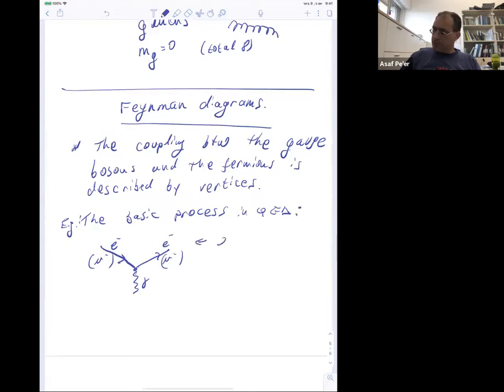So I have 2 charged particles of the same flavor and the photon.